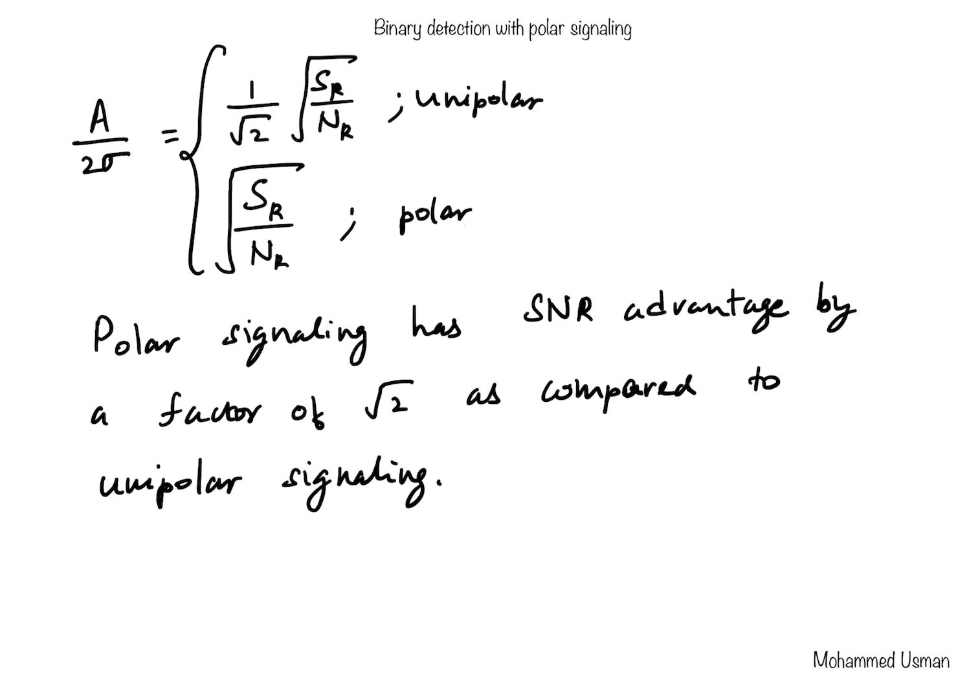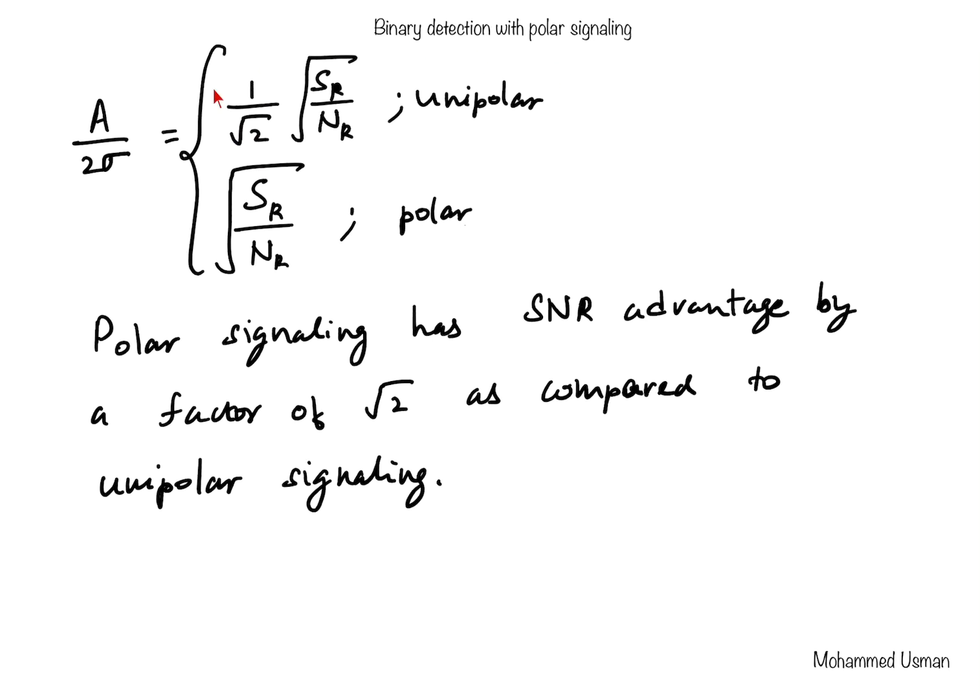And just to summarize everything, in terms of the expression for the error probability, both unipolar and polar error probabilities appear exactly identical, but when we look deeper into the argument of the Q function, which is the term a by 2 sigma, we can see that the threshold for computing the area under the Gaussian tail is smaller in the unipolar case by a factor of root 2, because it has a denominator which is root 2, a number greater than 1.